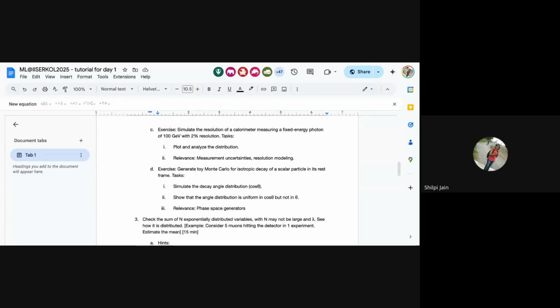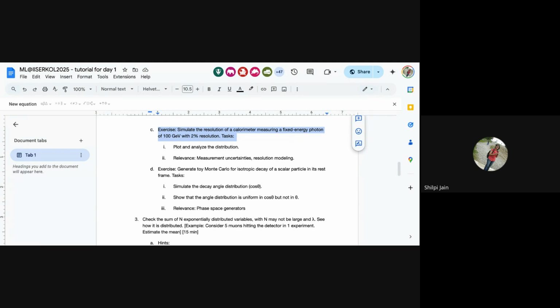Now, this exercise is very important in any analysis you do. Suppose you have a detector and you shoot, let's say, 100 GeV photons on it. Would you always see 100 GeV energy as the output? You will not. It will not peak at 100 GeV. Why?